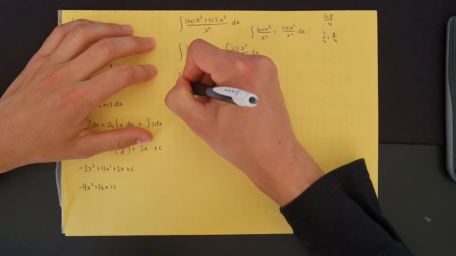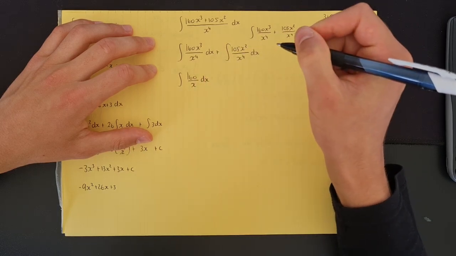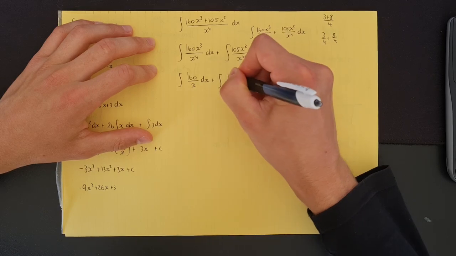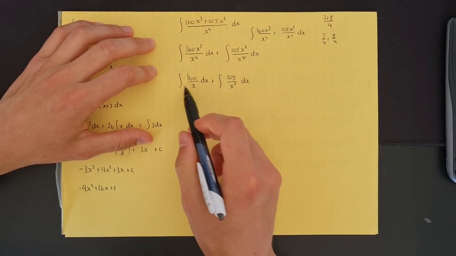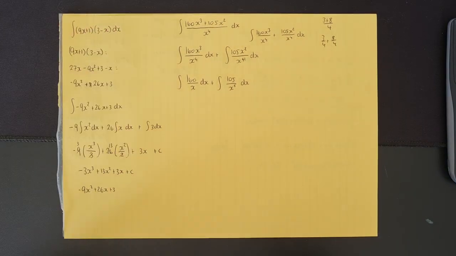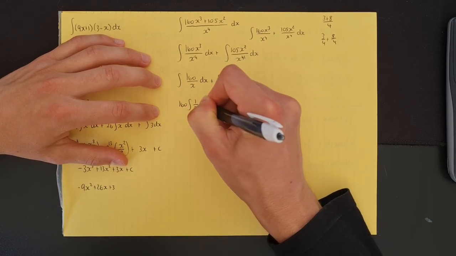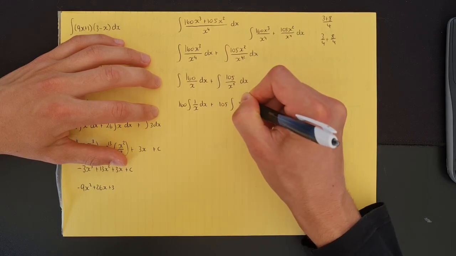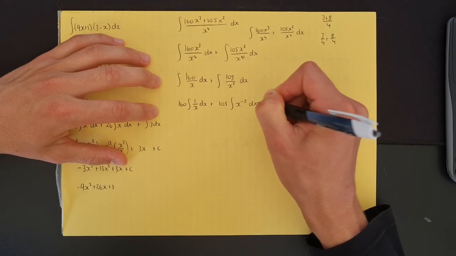So it's just going to be equal to the integral of 160 over x plus the integral of 105 over x squared. Okay, and now here, I can use the constant multiple rule. So it's going to be 160 times the integral of 1 over x dx plus 105 times the integral of x to the negative 2 dx.